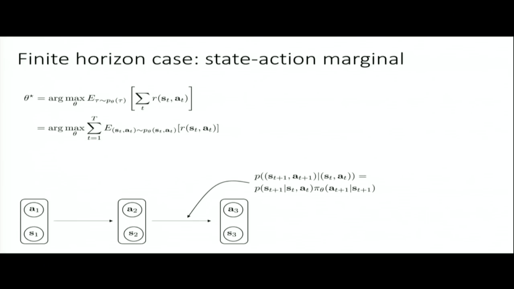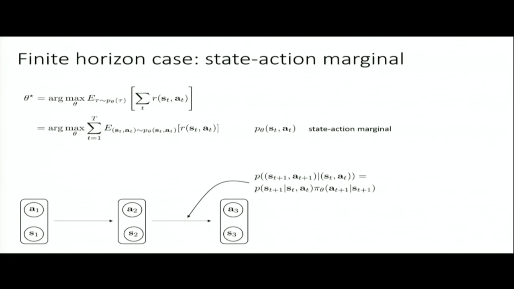And this probability of s_t and a_t is the marginal distribution at time step t in this Markov chain. You obtain this p_theta(s_t, a_t) just by marginalizing out the probability of being in a state and action in this Markov chain, which we can do because it's a well-defined Markov chain with a well-defined transition operator that just happens to have both s's and a's inside of it. So this I will sometimes refer to as a state action marginal.